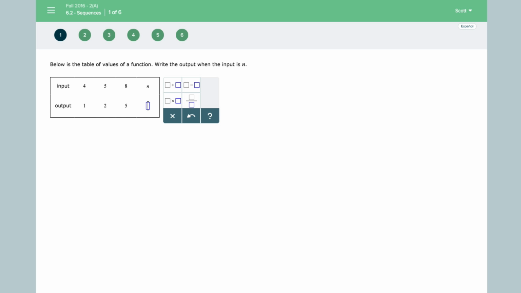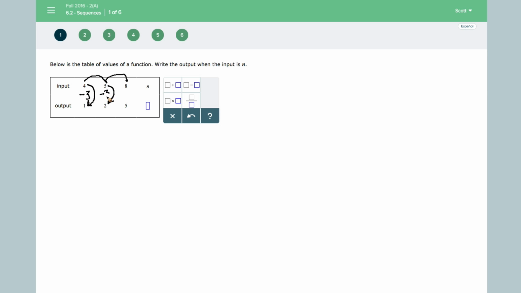Okay, so what this is asking for is, we have 4, 5, 8. What happens with 4? Well, from 4 to 1, we can either divide by 4 or minus 3. If we look at the next one, that one's minus 3.